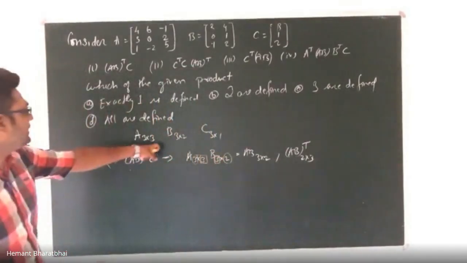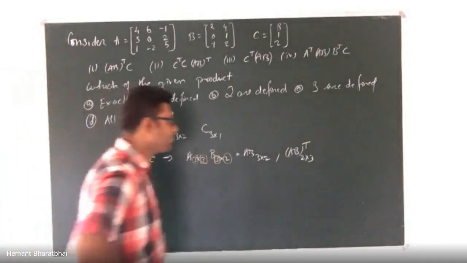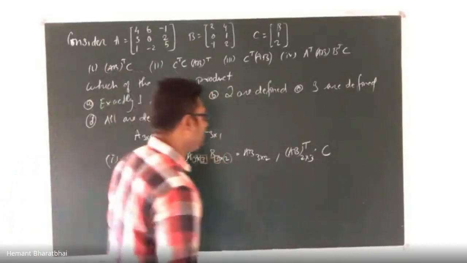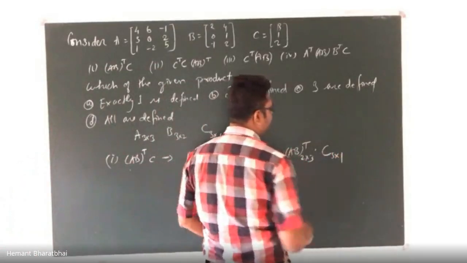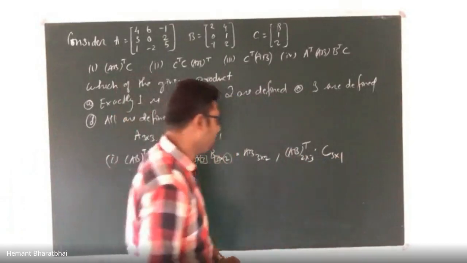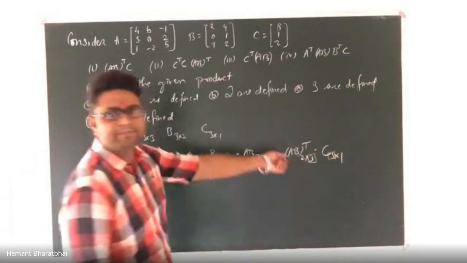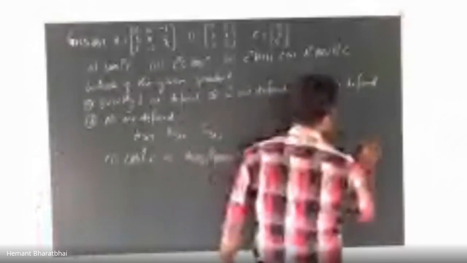Then it's telling us to multiply it with C, whose order is 3 by 1. Multiplication is defined if columns of the first equal rows of the second: 3 equals 3. The product has order 2 by 1. Yes, this is defined. So the first option is defined.